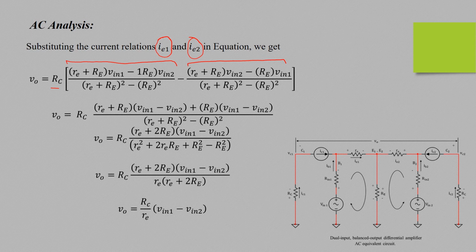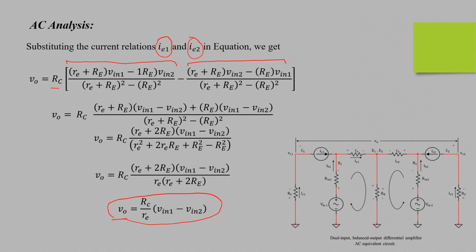So when we solve these equations mathematically, we get output is equal to RC over re into (Vin1 minus Vin2).